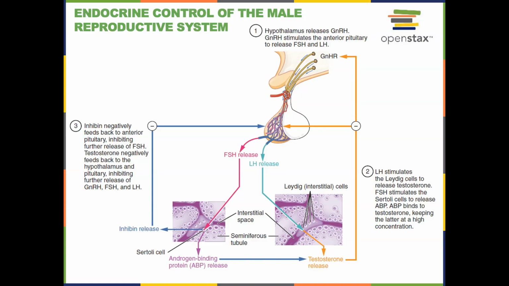Inhibin functions as a negative feedback hormone to decrease the production of follicle stimulating hormone from the anterior pituitary. Both inhibin and testosterone have negative feedback functions, leading to a decreased production of FSH and LH as a homeostatic control mechanism, maintaining a stable concentration of FSH and LH in the blood.